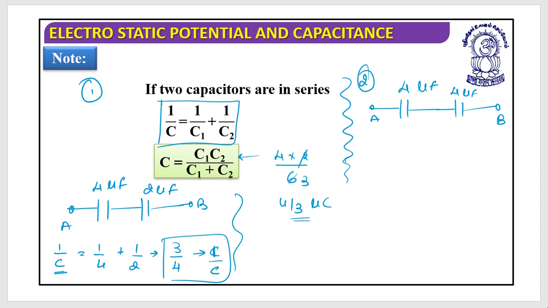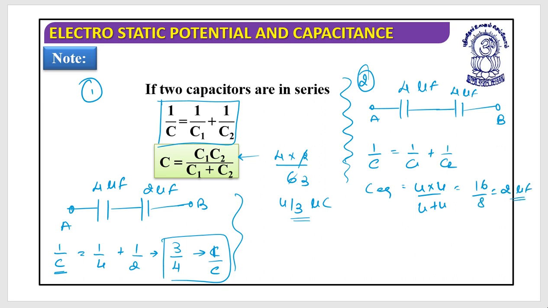As these two are connected in series, what I can have is 1 by C is equal to 1 by C1 plus 1 by C2. It's a conventional approach, or a modern approach would be 4 into 4 divided by 4 plus 4. It's 16 by 8, and it would be 2, that I know.